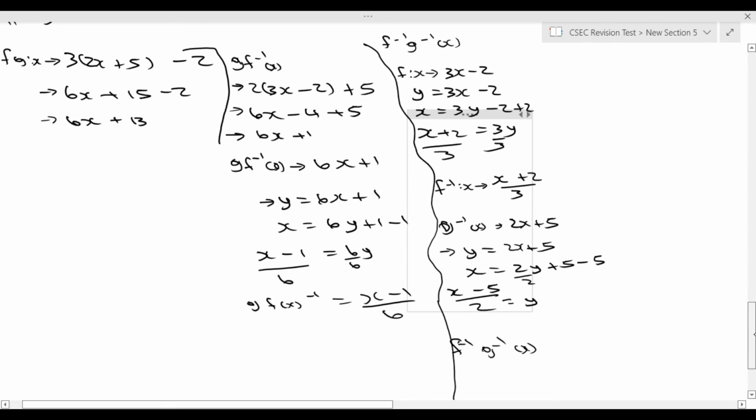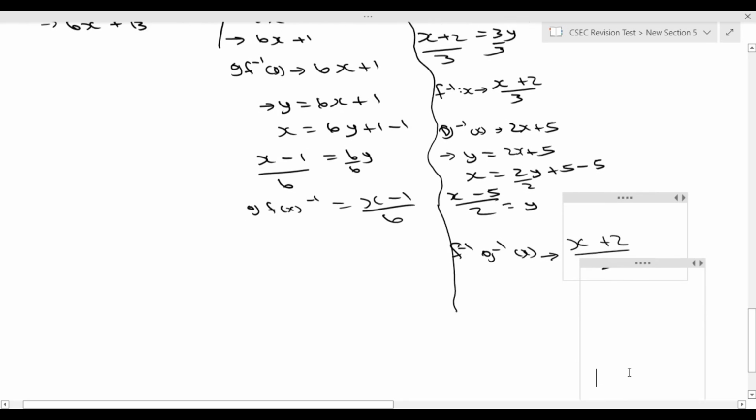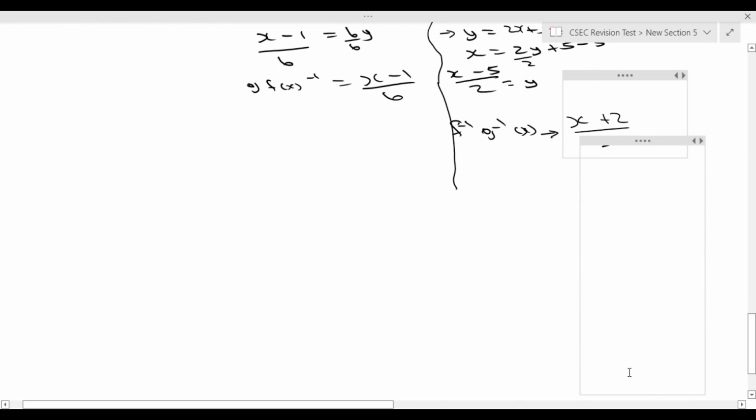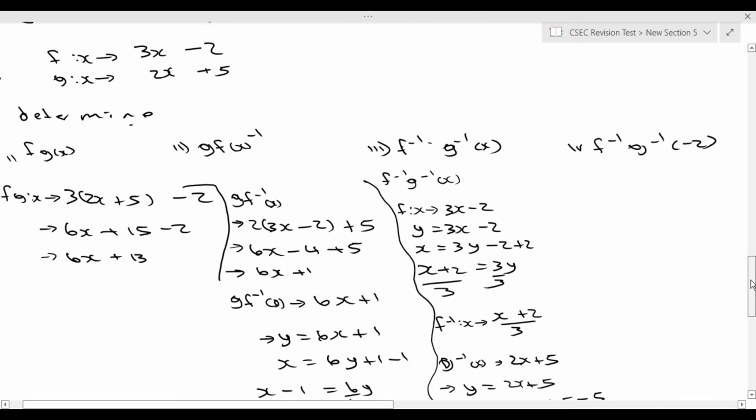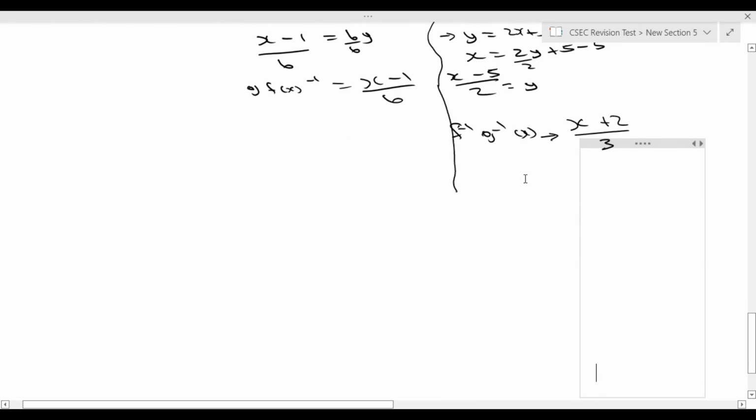So our f inverse g inverse of x is equal to, we found our f inverse function, which is equal to x plus 2 over 3. So for the x, we're going to substitute our g inverse inside of that.